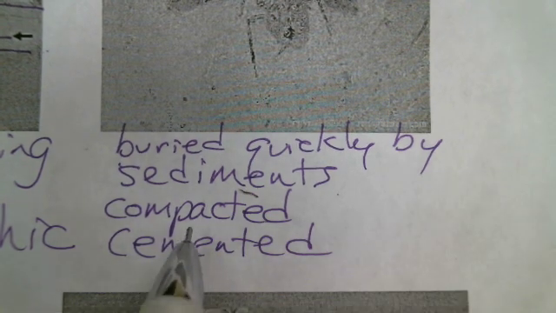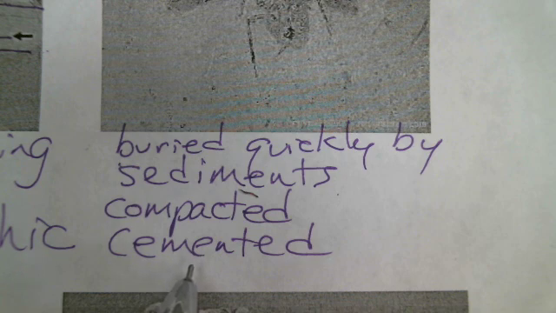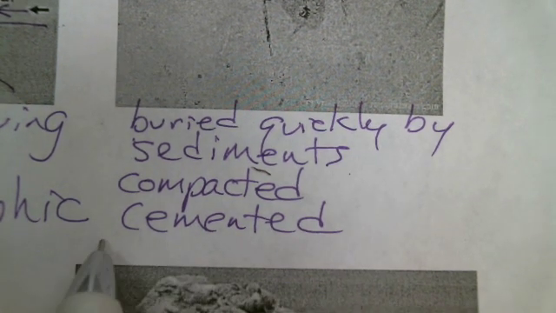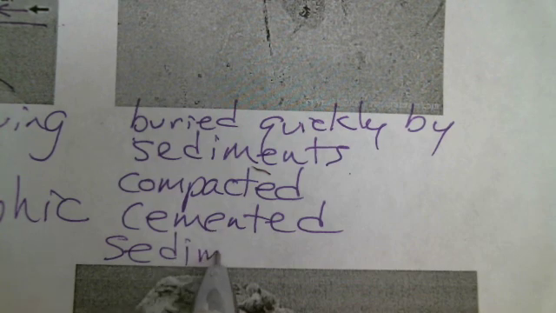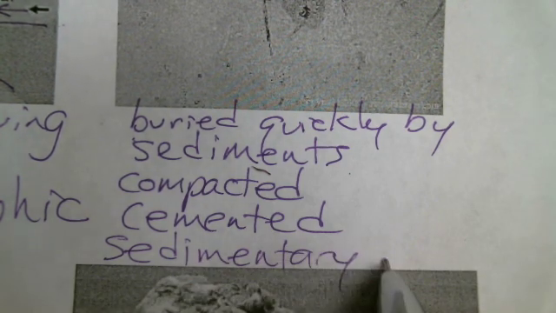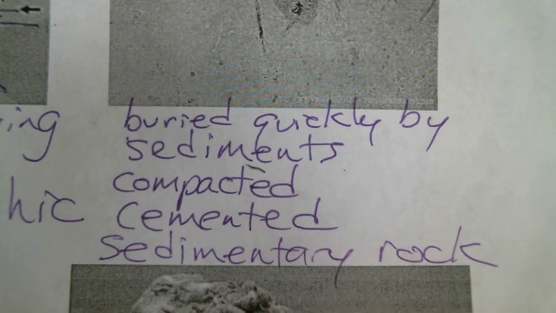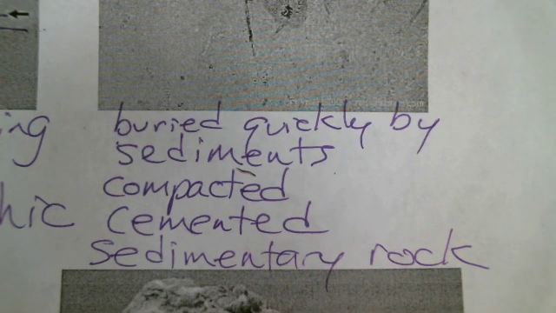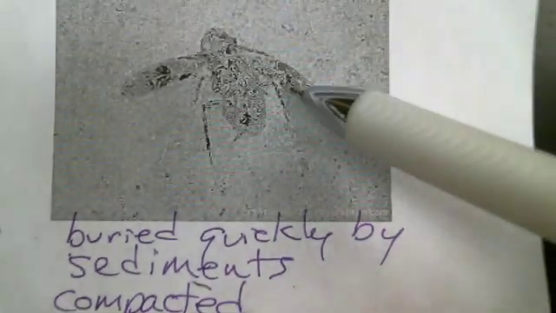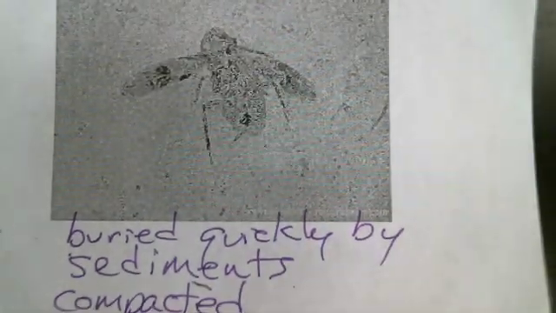Anyway, you have to have the right conditions for compaction and cementation, the right kind of pressures, the right kind of temperatures, the right kind of chemicals around, and if all that happens, then we get sedimentary rock. We only find fossils in sedimentary rock. The heat of lava and the pressures of other things cause the remains to become indiscernible and we can't see them anymore.